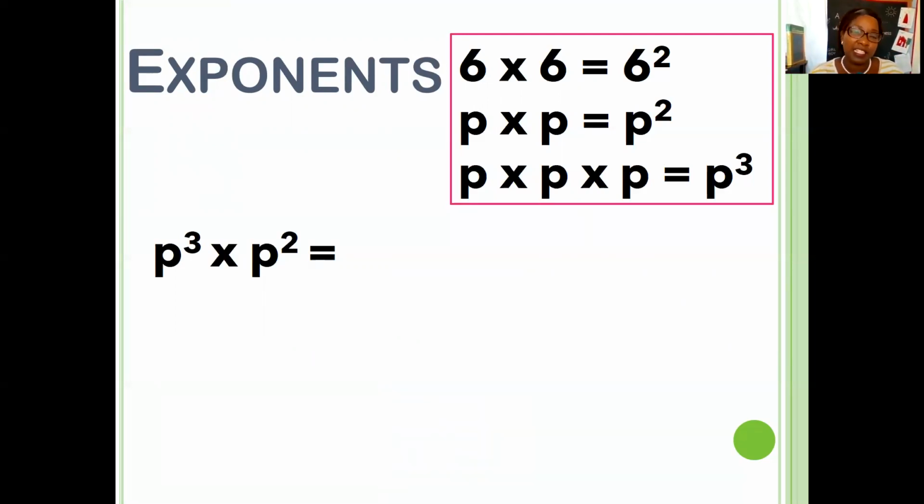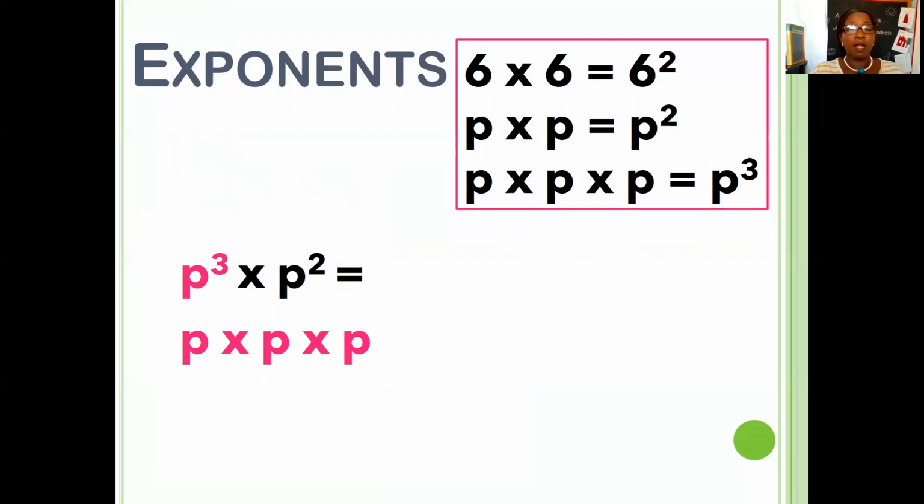All right, here is an example. P cubed times P squared, or P to the third power times P to the second power. Well, first off, here's what I need you to remember.